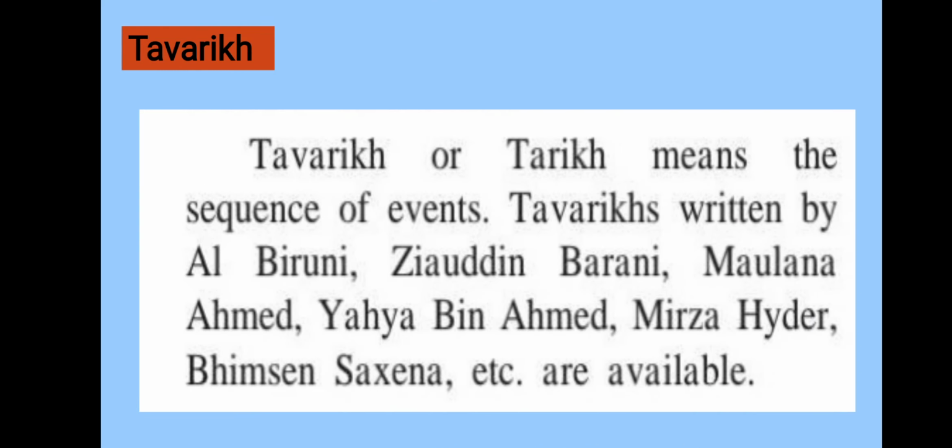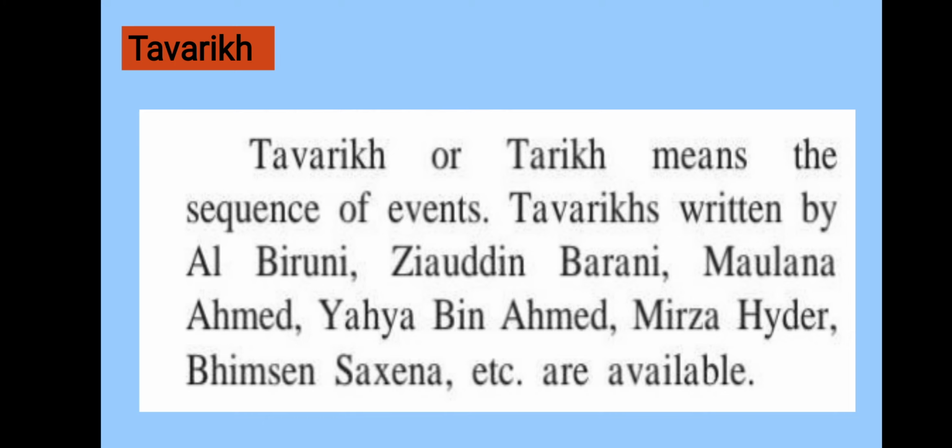The third important written source is Tavarikh. What is it? Tavarikh is also known as Tarikh. Tarikh or Tavarikh means the sequence of events. Yes, a question will be asked on this. What is meant by Tarikh or Tavarikh? Tarikh or Tavarikh means the sequence of the events.